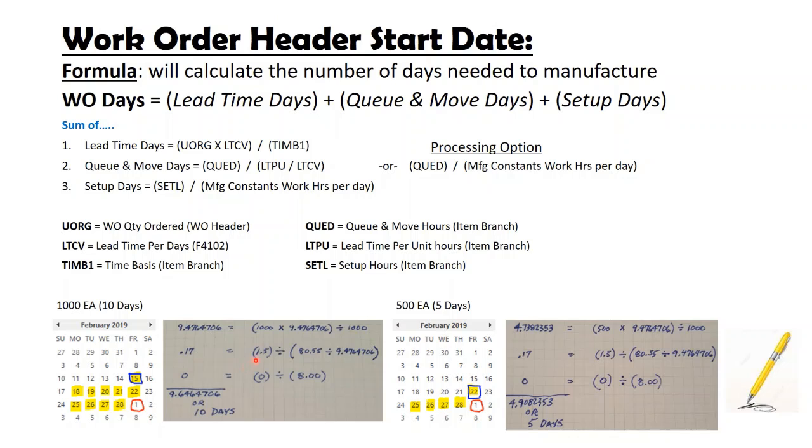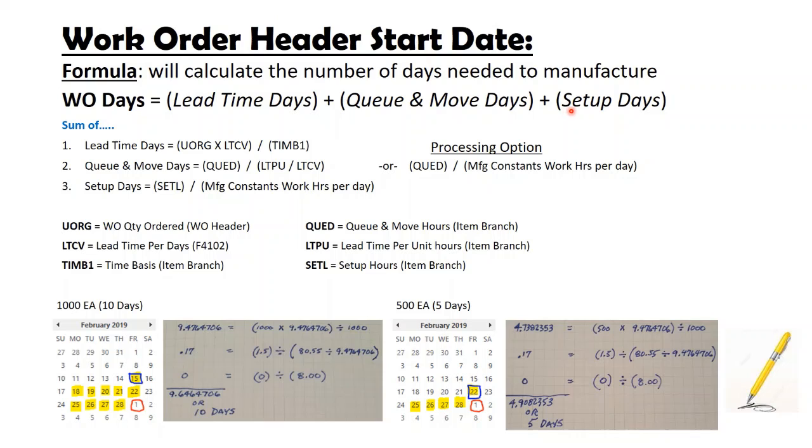There was 1.5 total queue and move hours. I want to divide that by the lead time per unit days to get the number of days that queue and move consumes. So it takes 0.17 of a day for 1.5 hours.